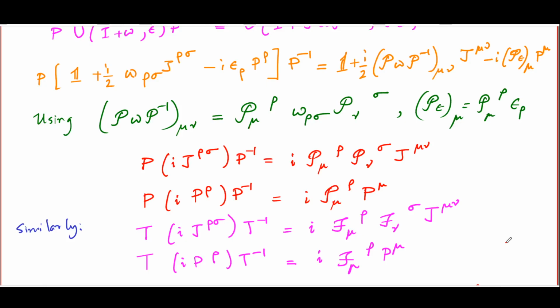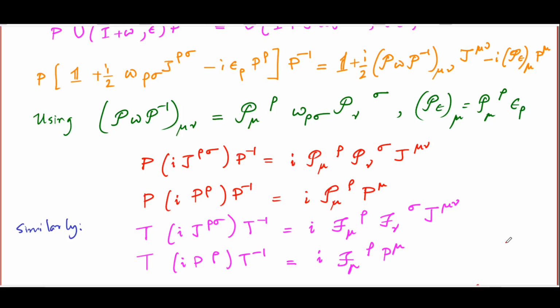Now, you must have noticed that I have not cancelled out the i's on the two sides, and there is a very good reason for that. At this point, I am not so sure whether the operators capital P and capital T are unitary or anti-unitary. Remember, Wigner's theorem guarantees that symmetry operations can be represented by either unitary linear or anti-unitary antilinear operators.